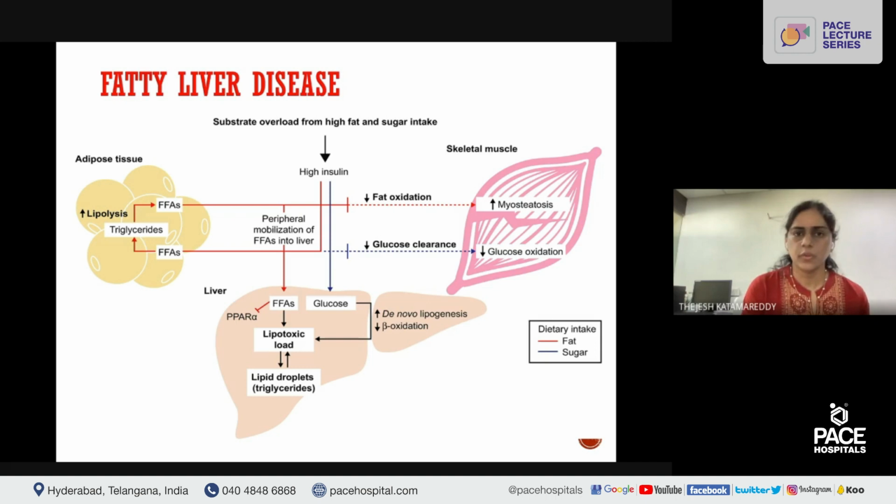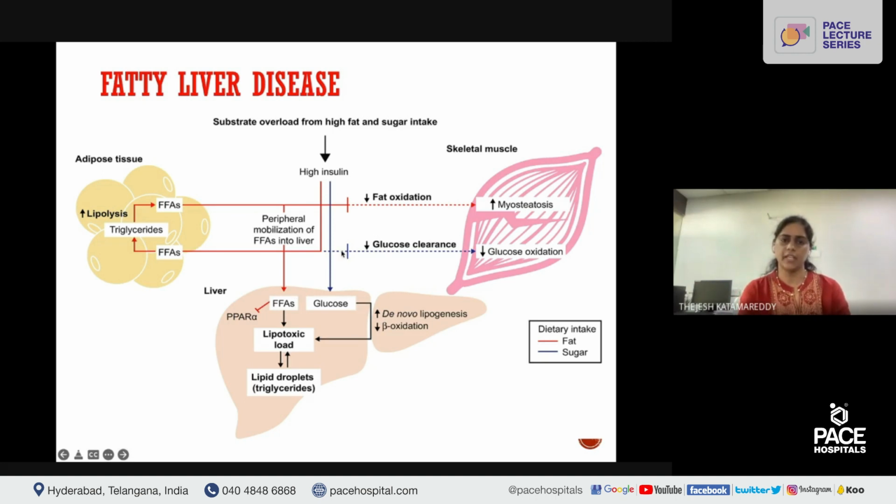The substrate overload from high fat and sugar intake will increase insulin and increase free fatty acids in the adipose tissue. All these things will increase the free fatty acids in the circulation, which is mobilized into the liver. This free fatty acid inhibits the PPAR gene and leads to the accumulation of lipids in the liver.